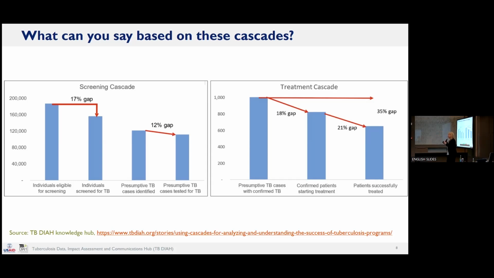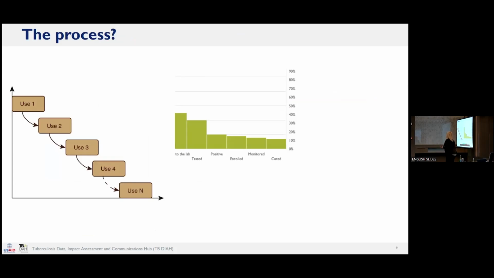We also have the loss to follow-up, we have died, we have failures. So those categories create this gap, and we actually see that the percentage of successfully treated versus those who started is like 79%. And if we look at the first column, then the gap is really 35% only, and the success rate is 65% only.